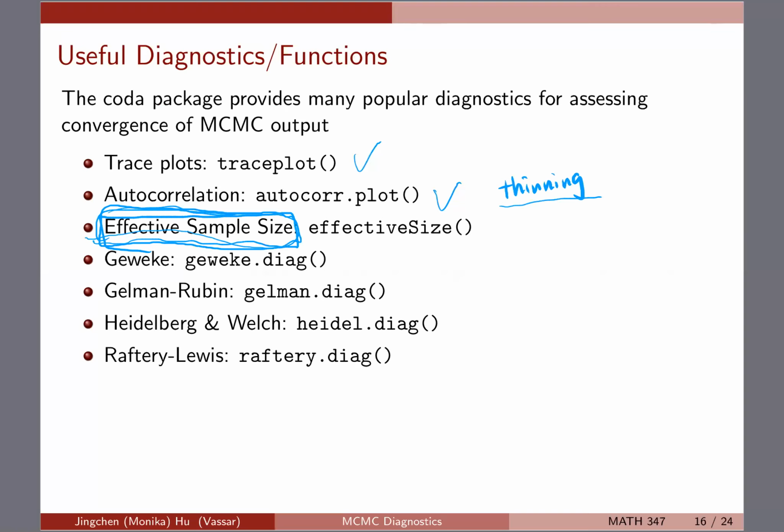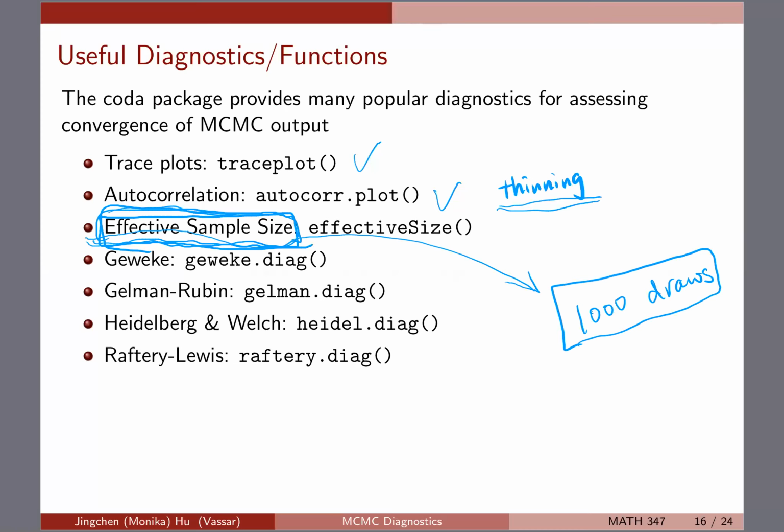So this effective sample size is trying to tell you that among the draws, say after thinning, after burning, I only have 1,000 draws left, okay? Say this is what you have. Using the effective sample size function is trying to tell you, now you have 1,000 draws, you don't know how good they are.